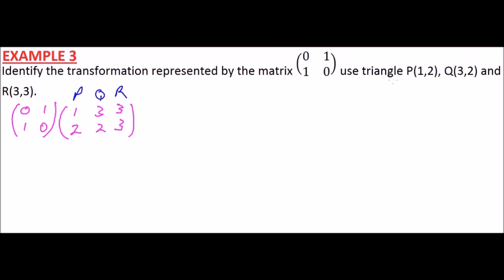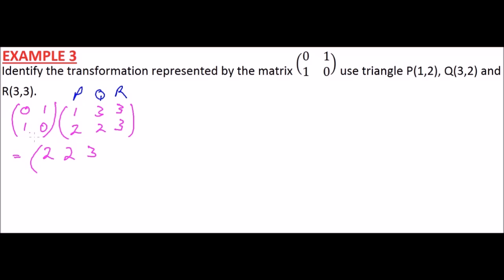After doing that, we now multiply. 0 times 1 is 0, 1 times 2 is 2, so 2 plus 0, you get 2. Then we have 0 times 3 is 0, plus 1 times 2, which is 2. Then 0 times 3 is 0, 1 times 3, you add, you get 3.